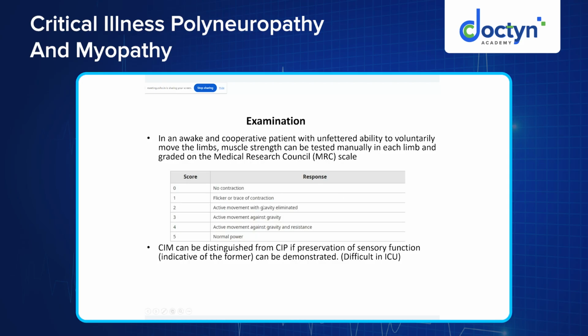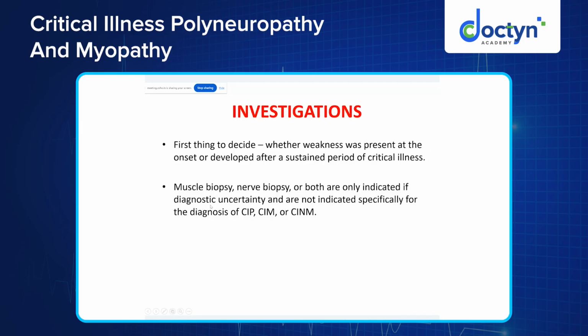So CIM can be distinguished from CIP if preservation of the sensory function can be demonstrated. When you plan an investigation, the first thing to decide is whether the weakness was present at the onset or developed after a period of critical illness. Muscle biopsy, nerve biopsy, or both can only be indicated if you are diagnostically uncertain, and are not indicated specifically for the diagnosis of all these three phenomena.